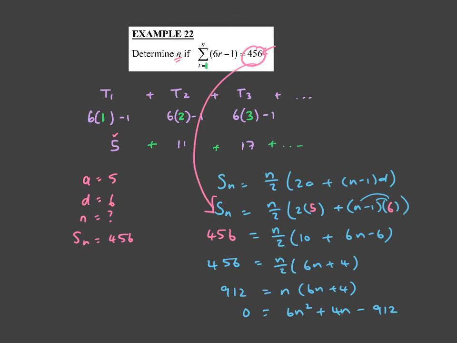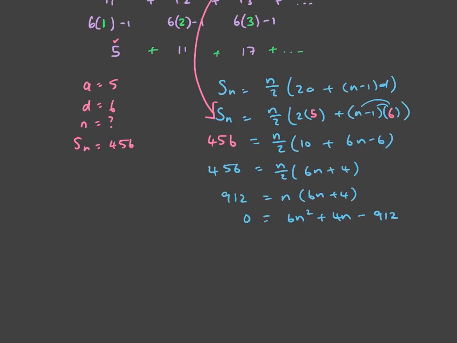Then you're going to use the quadratic formula, except if you know the factors of 912, go ahead, and you're going to get n is equal to 12 or n is equal to minus 38 over 3 or some sort.